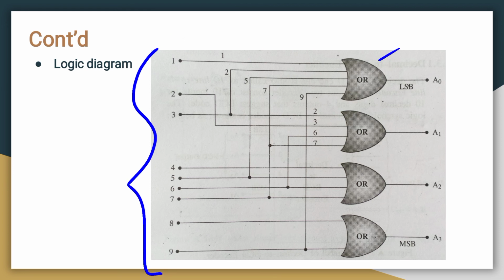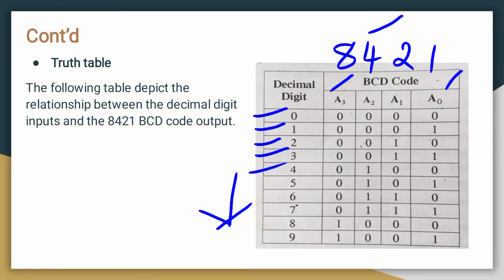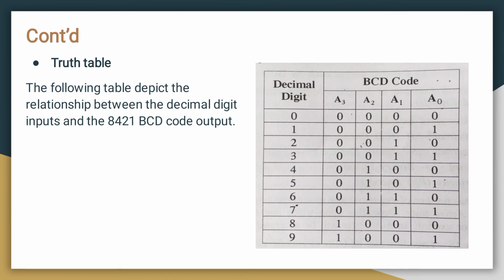So next, for the first, depending on the lines, we have to go for the OR gate. So see for the A0 in the truth table. Let's see what the A0 high value decimals are.